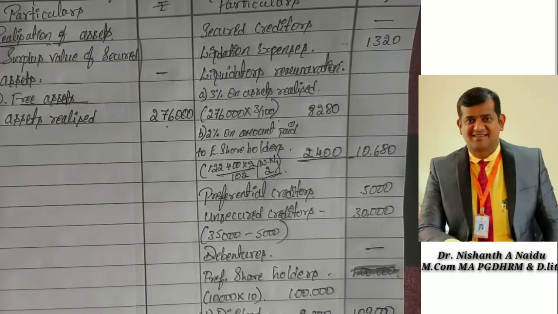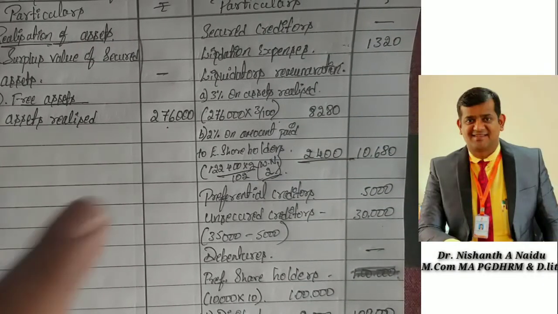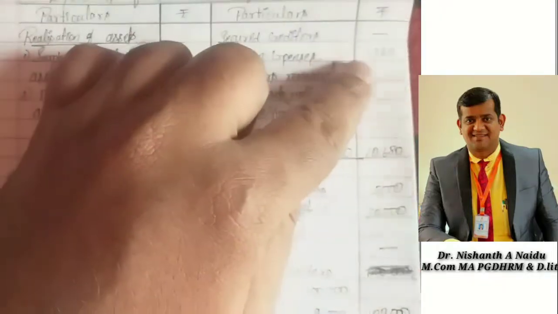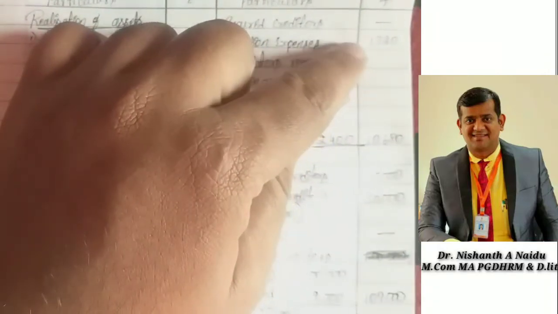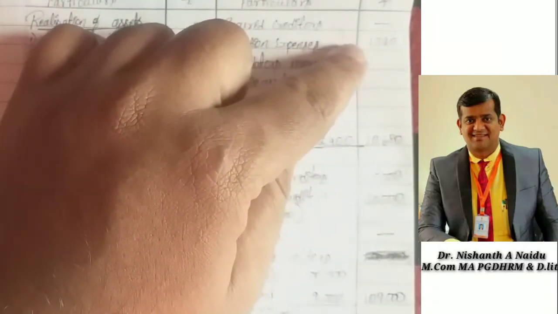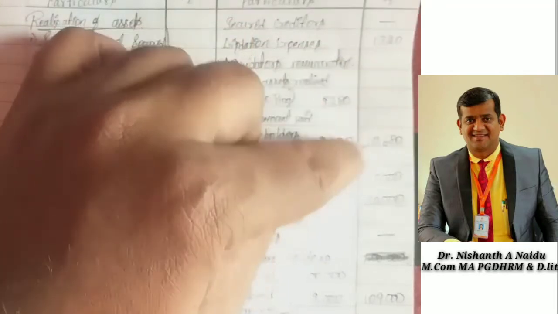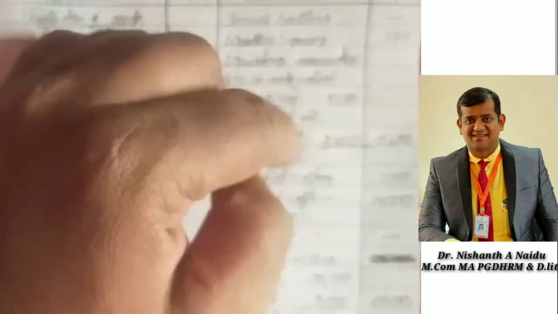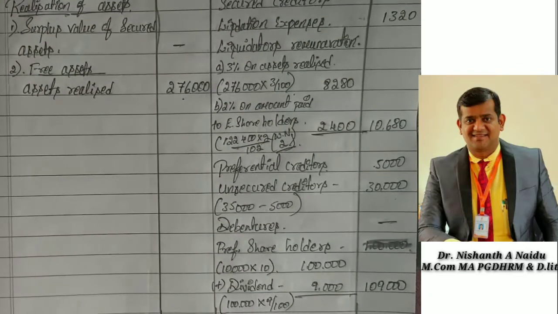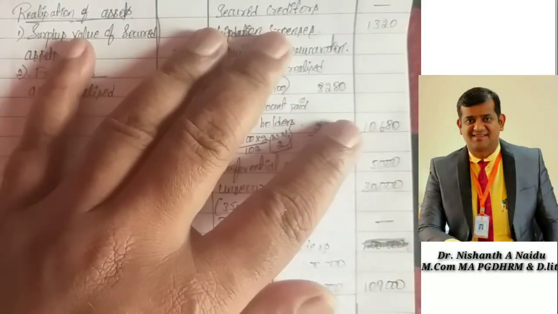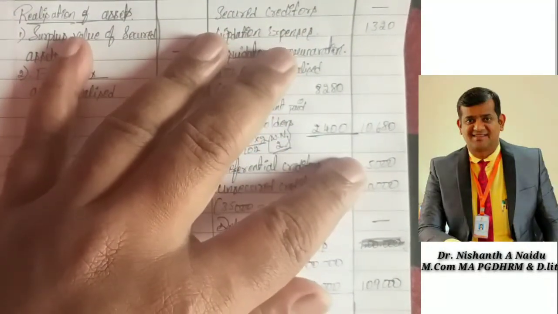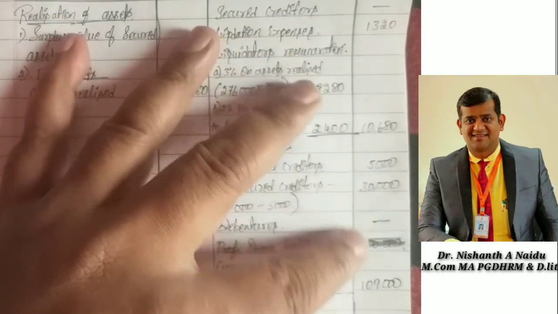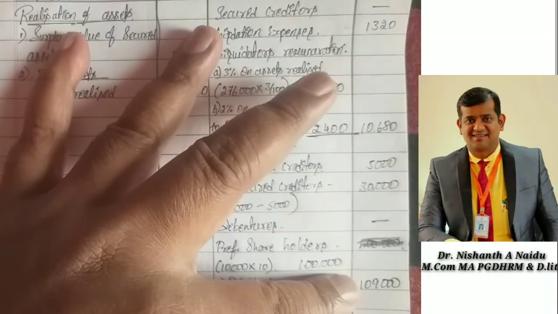So in the assets realized I have only 2,76,000, correct? So now one by one deduct so that you will get the balance amount. The first one, how much we have? 1,320. So 2,76,000 minus 1,320 minus 10,680, minus 5,000, minus 30,000, minus 1,09,000.